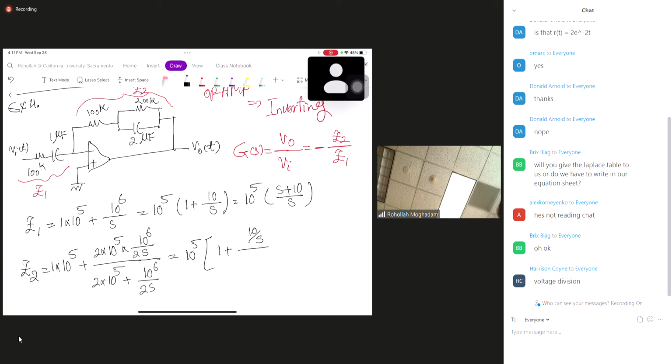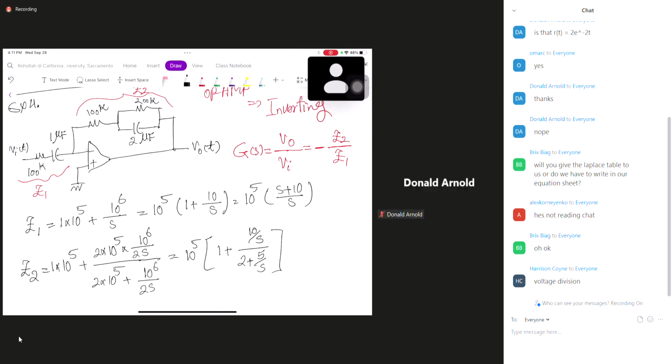And denominator will have 2 plus 5 over s. And there's a 2 in the numerator, I believe, right?